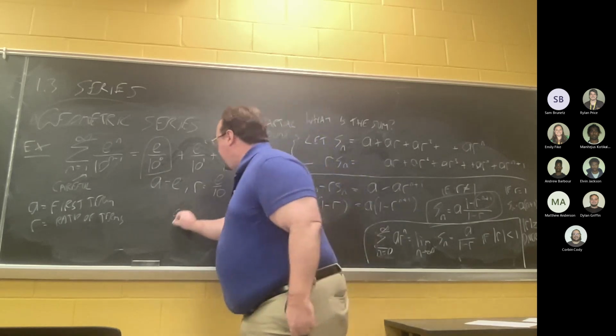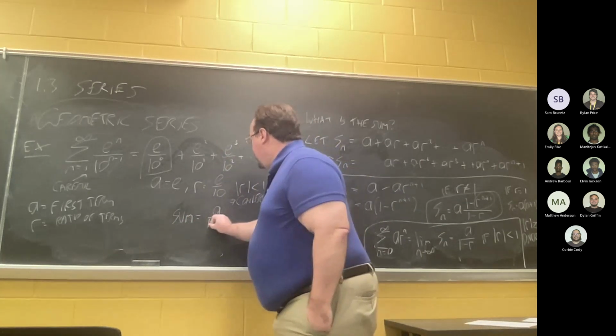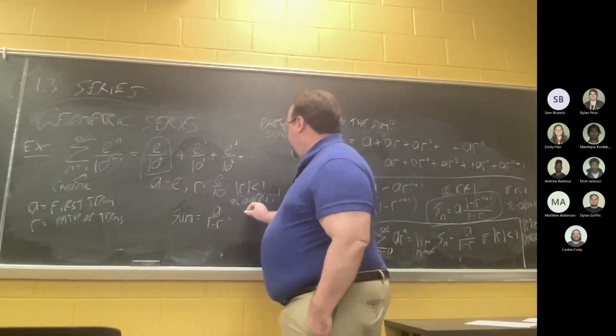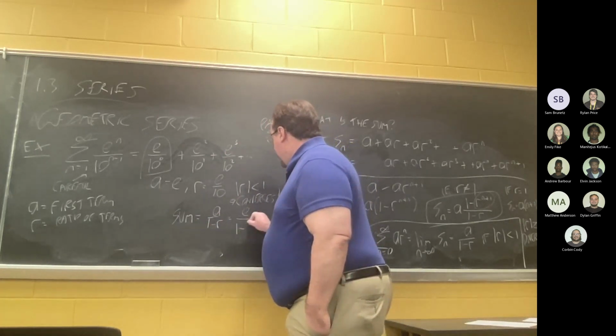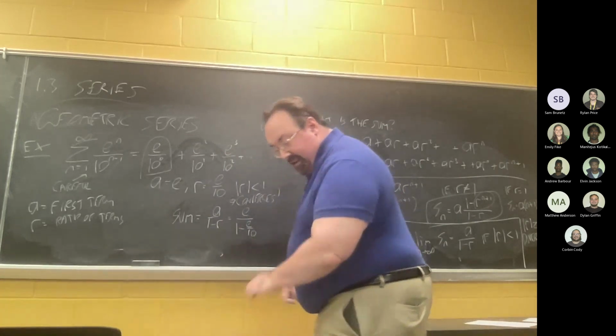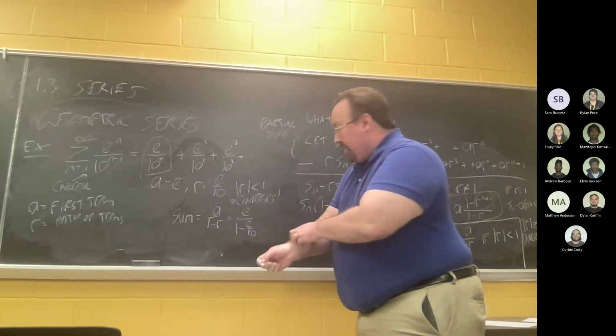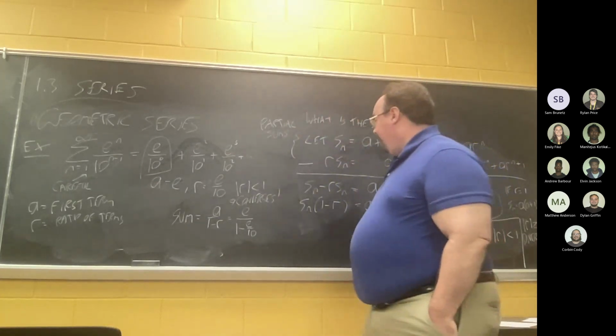Now you can use the formula a over 1 minus r. So we have e over 1 minus e over 10. And then you can simplify that if you like.